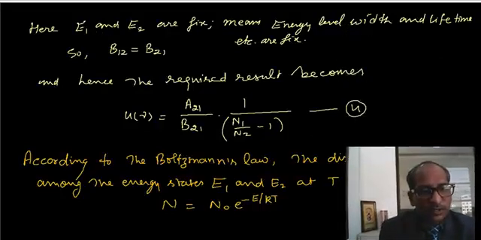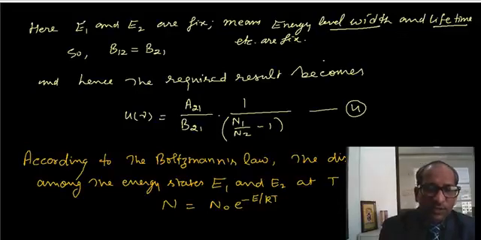Further, you can see that E1 and E2 are the energy states for this process for which we are calculating the Einstein coefficients. One important point: if they are fixed, it means the energy levels and the lifetimes of those energy states will be fixed, so there is no change. So in this case, we consider B12 equal to B21.